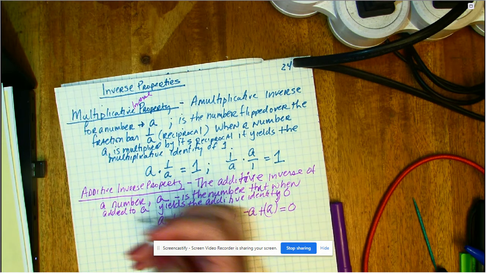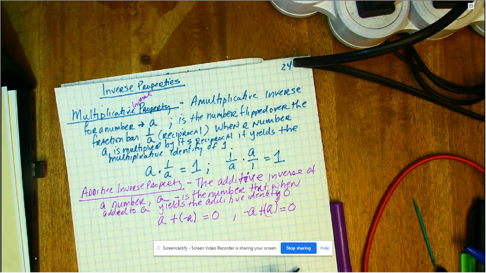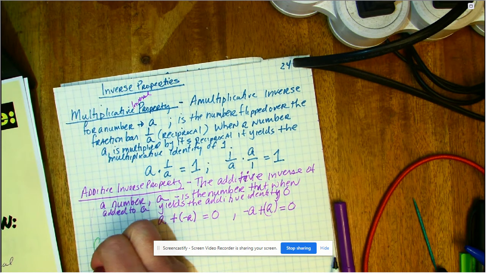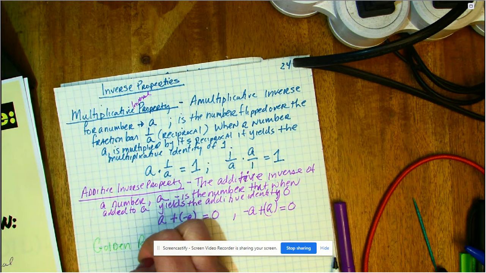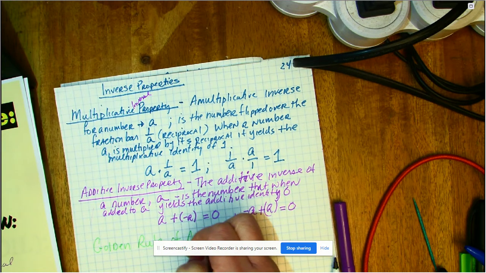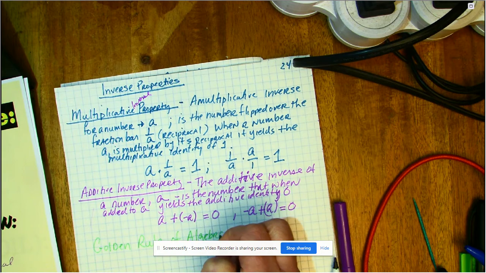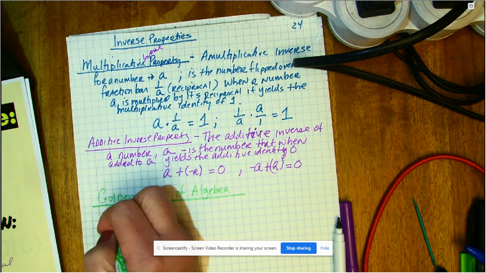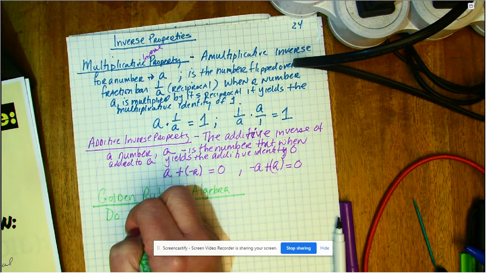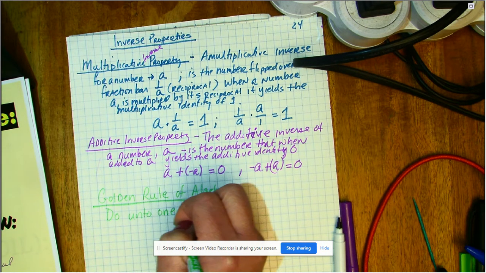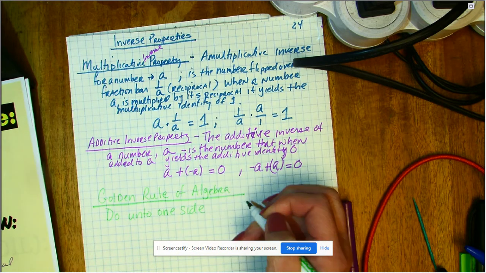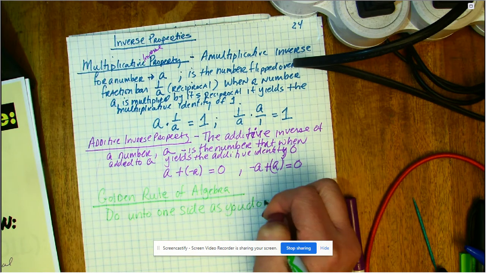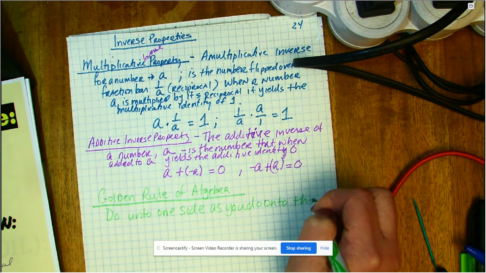Then we have the golden rule of algebra. This is kind of like the golden rule in life. Golden rule of algebra: do unto one side as you do unto the other side.